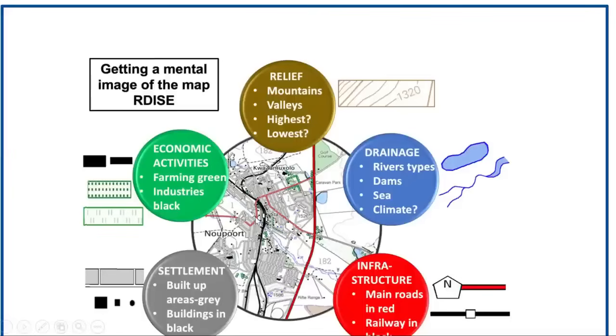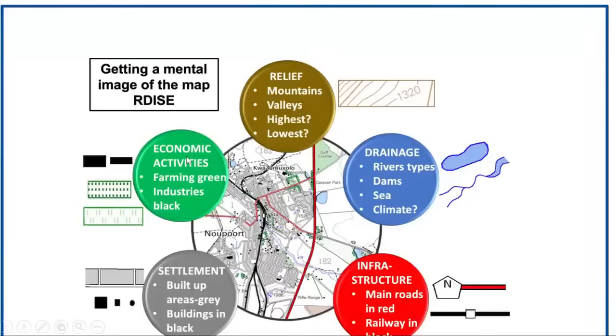And you must also be able to identify whether this is a heavy industry on the map, and the dams on the map. You must be able to identify the factors that favor the site of a particular area there.